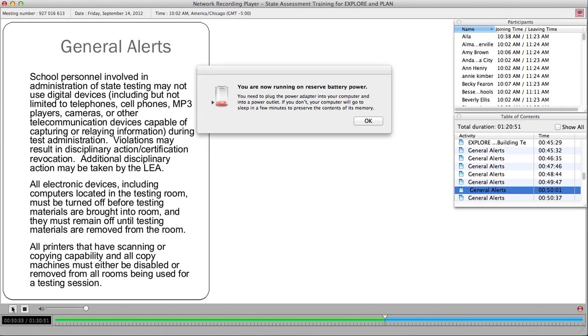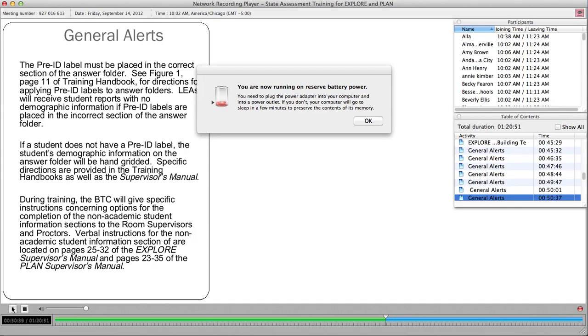For the general alerts, the pre-ID label must be placed in the correct section of the answer folder, and we already talked about where that would go, and that it should be done prior to the actual testing. We discussed what you would need to make sure happens if a pre-ID label is not provided for a student's answer document or answer folder.